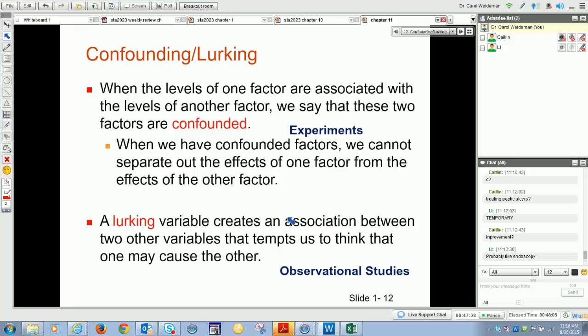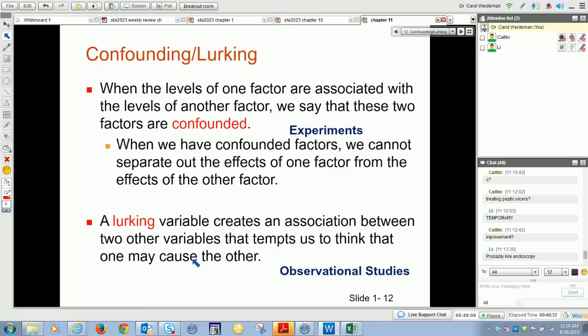Then come spring, I'm going to implement some changes and use it in my online courses, and then compare the success rates from fall to spring. There's a confounding factor there, which is the time factor, because maybe the students in the fall are different from the students in the spring. So time and the effect of the new teaching method are confounded. I can't separate the effect of the teaching strategy from the effect of time.